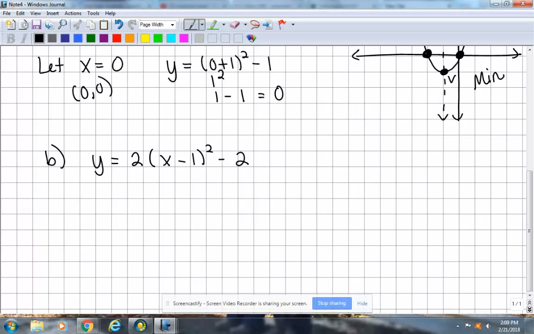Well, is this going to be a U-shaped parabola or upside down U-shaped parabola? What makes it upside down or regular? It's a minimum because this is a positive number, making it a U-shape, not upside down. So if it's a positive number, it's a U-shape. If it's negative, then it's upside down.